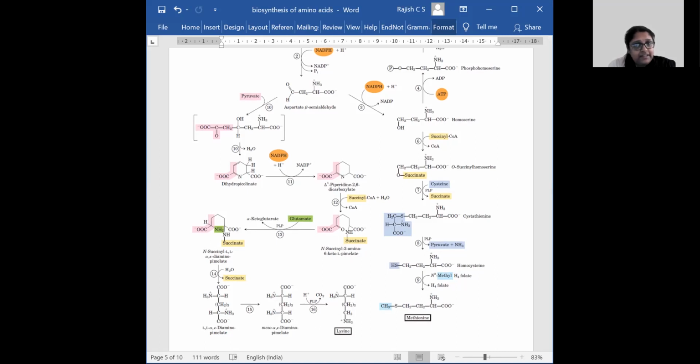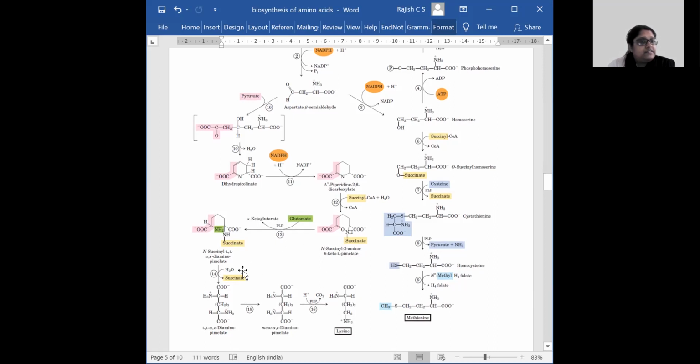So that will be succinyl diaminopimelate aminotransferase.